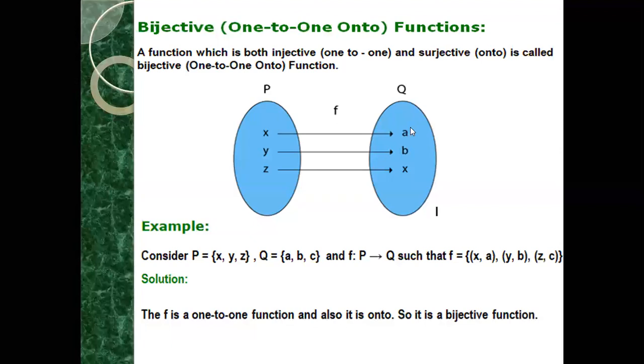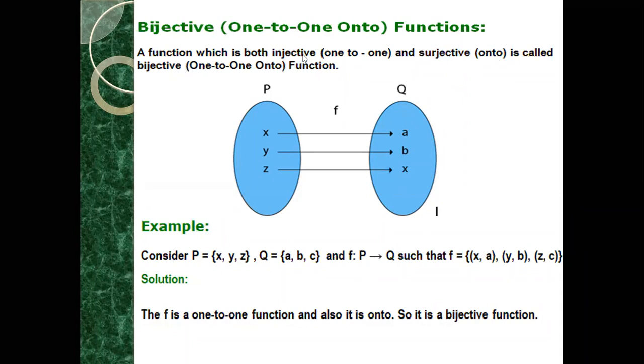Onto means every element of the codomain has a pre-image in the domain. So a function which is both injective, meaning one-to-one, and surjective, meaning onto, is called bijective.